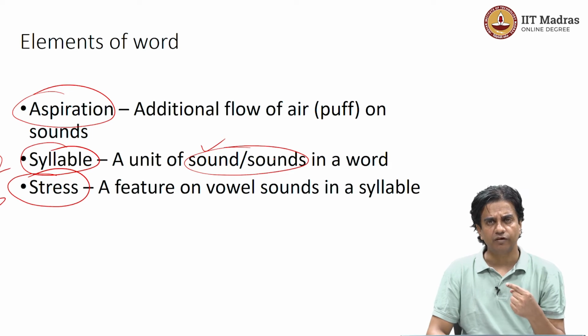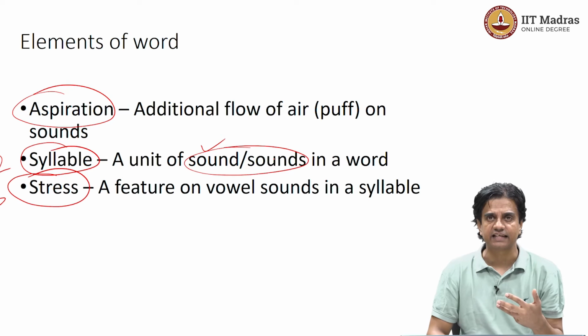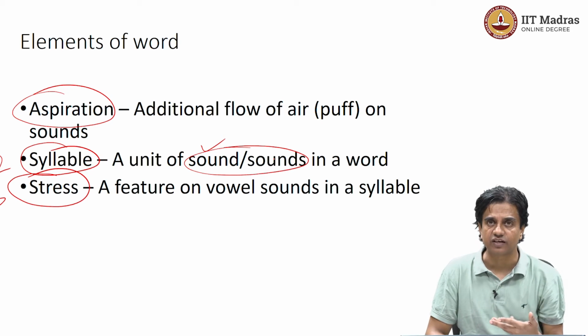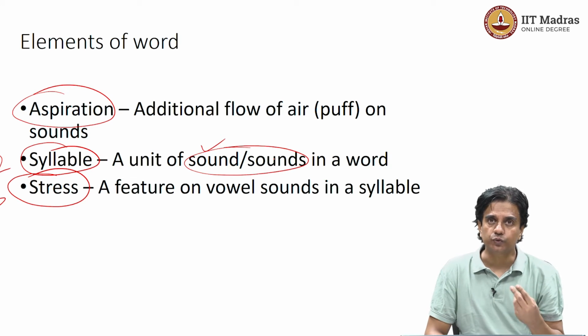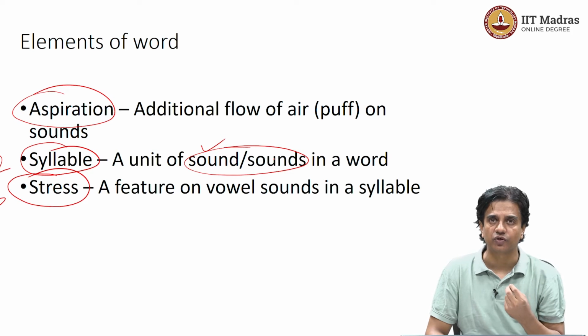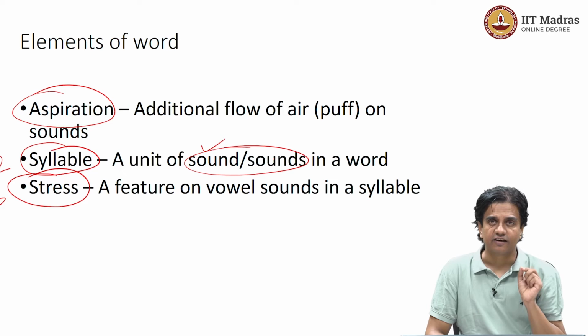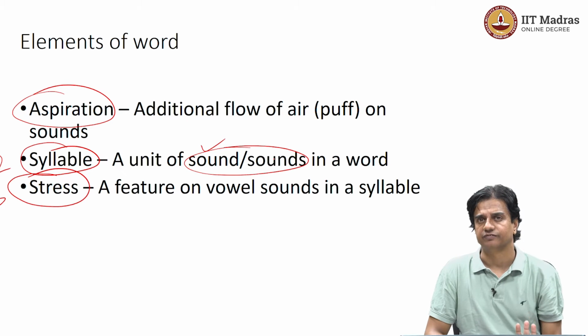So when we try to understand stress in English words, two critical things that we need to know are, one, if there are two syllables in a word, one of the two will definitely be a stressed syllable.